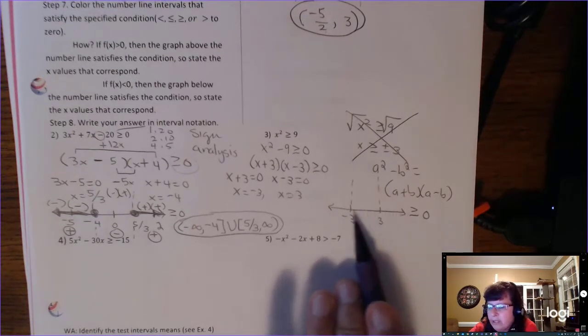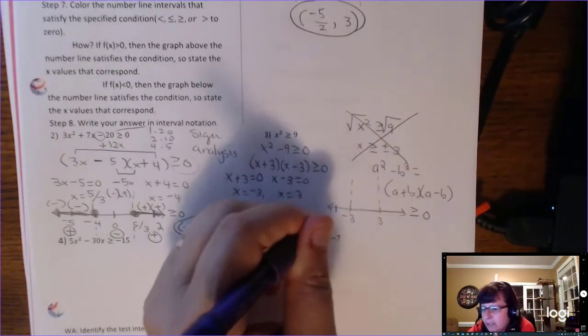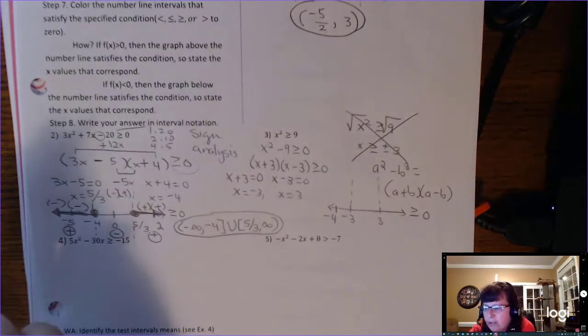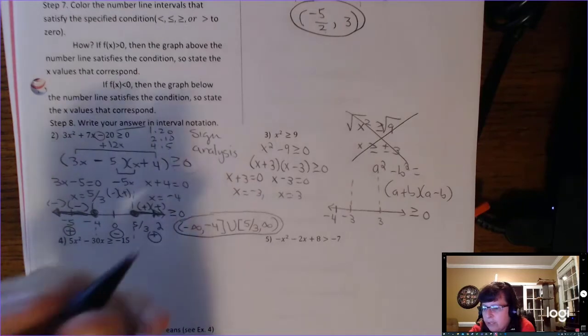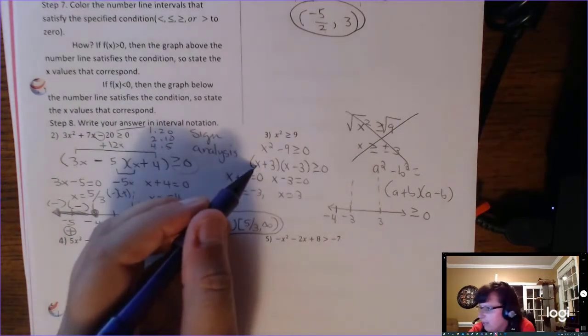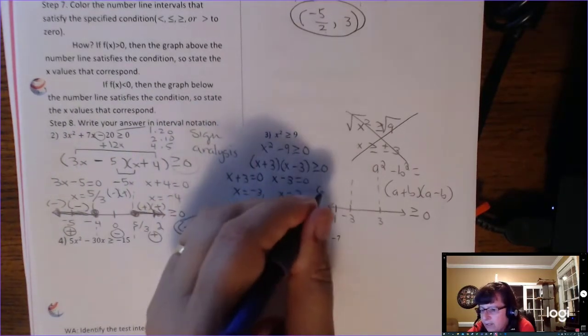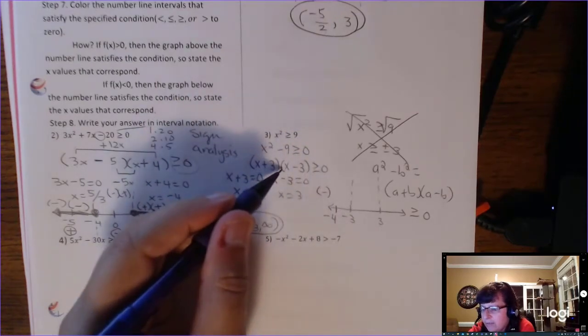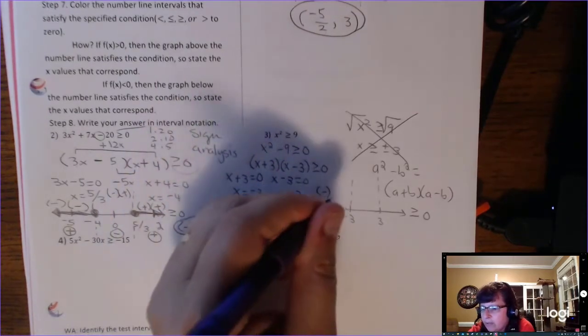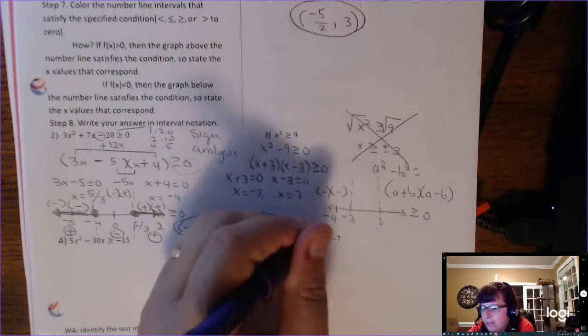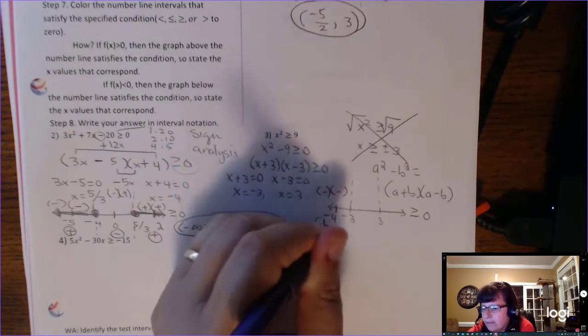Alright, so sign analysis means just pick a number to represent all the numbers to the left of negative 3 and plug it in here. So you get a negative 4 plus 3, that's a negative, and a negative 4 minus 3, that's a negative, and a negative times a negative is a positive.